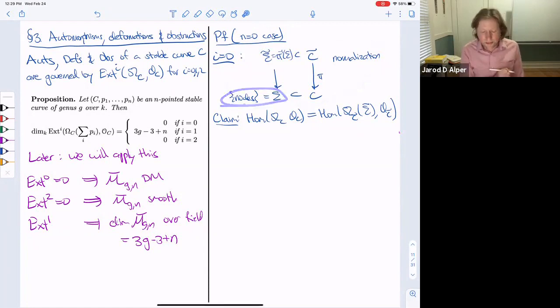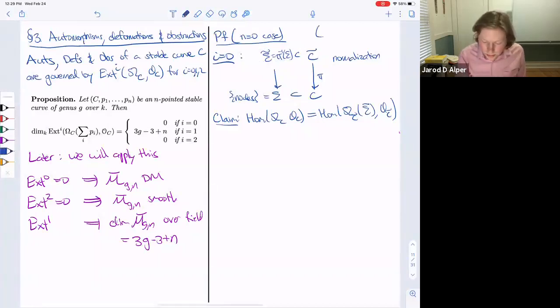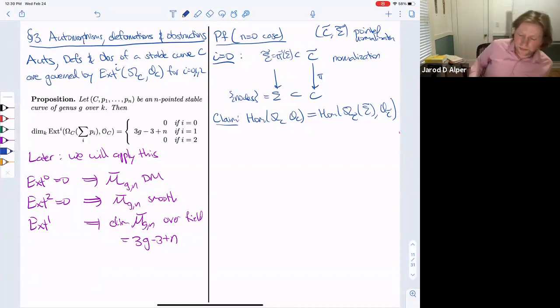Sigma is the set of all nodes, and sigma tilde is its preimage. And we view C tilde with sigma tilde as a pointed normalization, where I'm implicitly assuming an ordering of the points in sigma tilde.